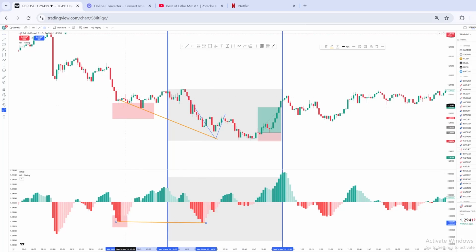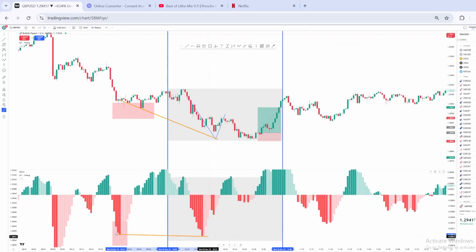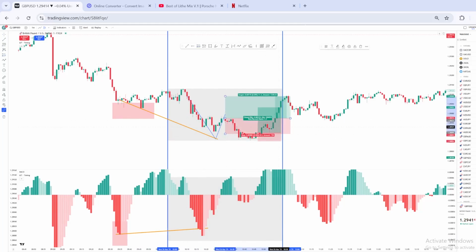This is on the price, it's lower, and on the histogram it's lower, so it's not a divergence, right? But if it was a divergence, we could have entered here, something like that, if you get the point.